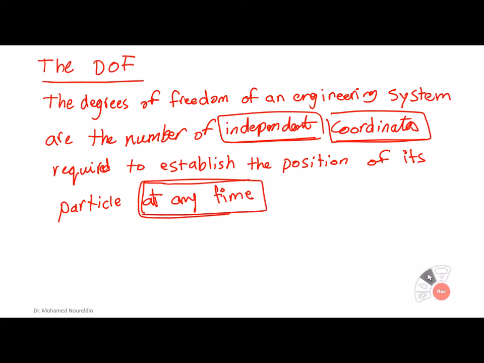So this means that whenever we have a system, for example, a single story building system like this, whenever we want to describe the position of any particle, let's assume this point here, which is the mass of the system, we assume that we have a coordinate that is going to be used to describe the position of this particle at any time.